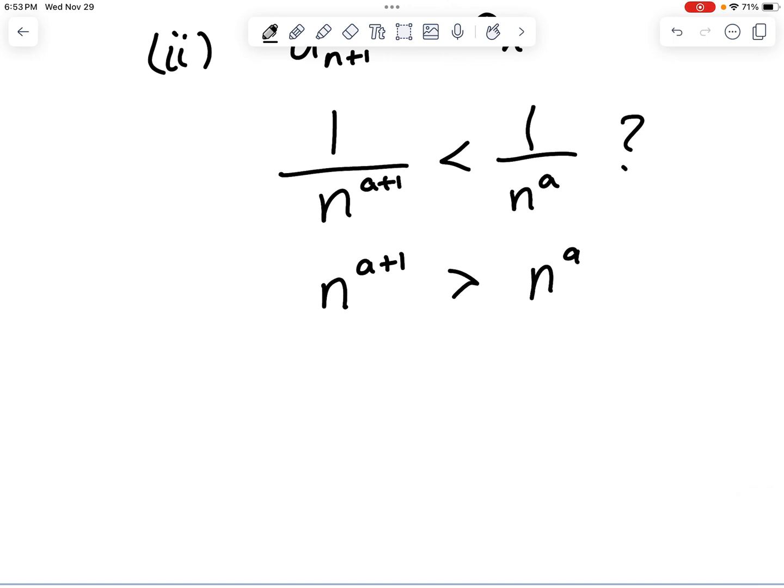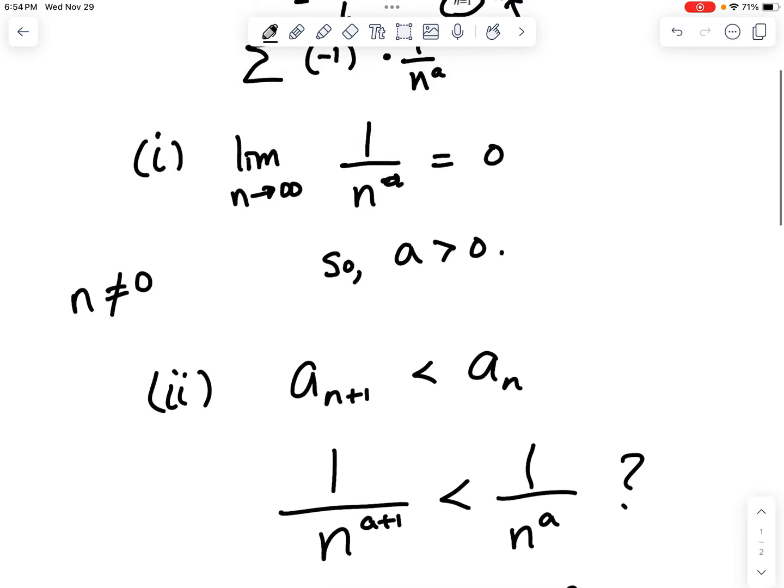And in fact, I'm going to divide both sides by n to the a. On the right side, that's pretty easy. n to the a divided by n to the a equals 1. And then on the left side, n to the a will cancel the a on that one, so it just leaves n. So n has to be a number bigger than 1.